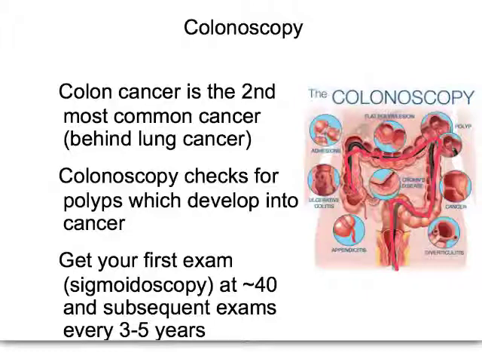So usually people get their first exam, which is just a sigmoidoscopy, which is going to go this much into your colon, at about age 40. And after that, you'll get subsequent exams every 3 to 5 years that'll probably go further and further, just to make sure that everything looks clear.